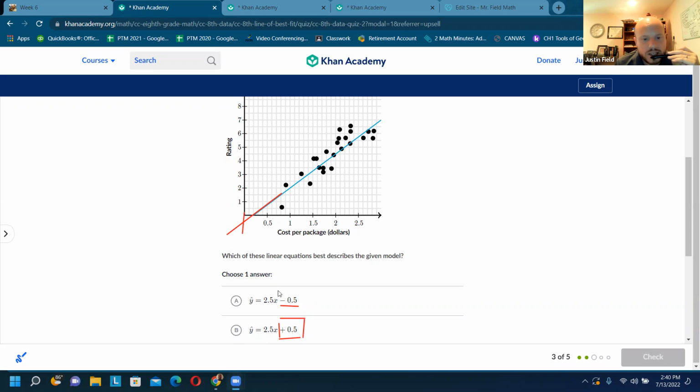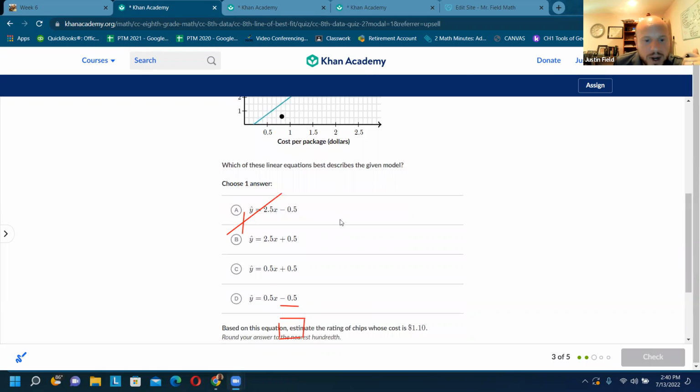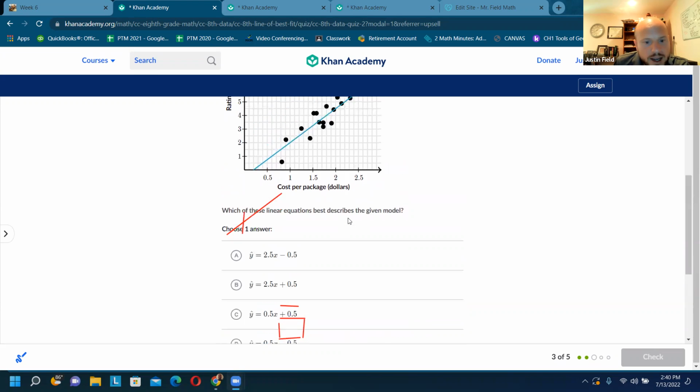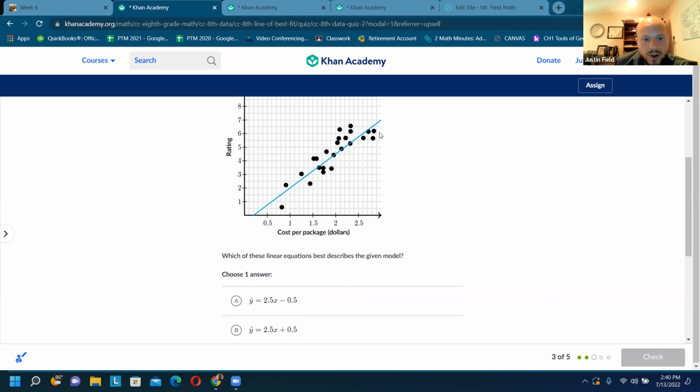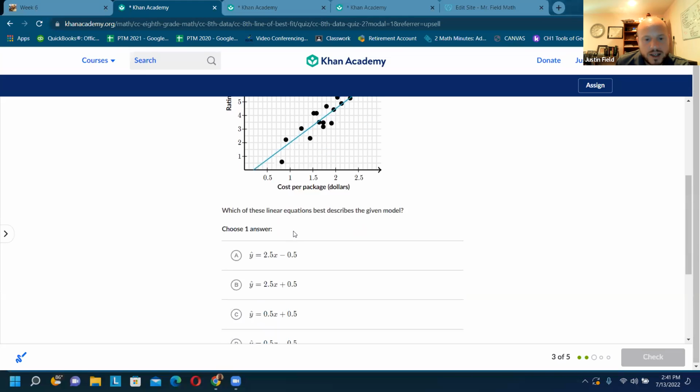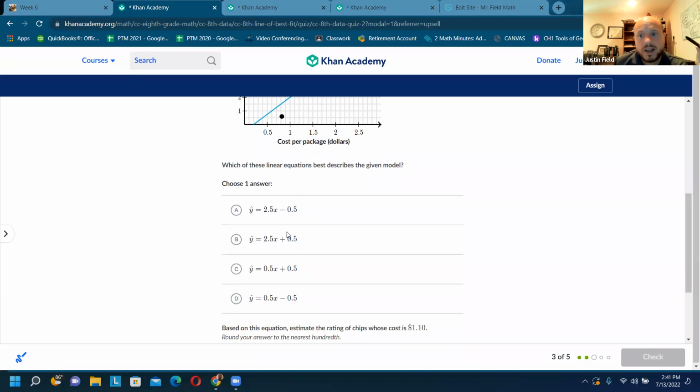So that's the first thing. The second thing is the slope. Okay, so positive, remember that association, that also means positive slope. And so the question is, is this slope 2.5 or 0.5? Well, as we go over 1, how far up do we go? About 2. So if we go over 1 up 2, then the slope is not going to be 0.5 because that change would be over 1 up 0.5. So it's going to be A.